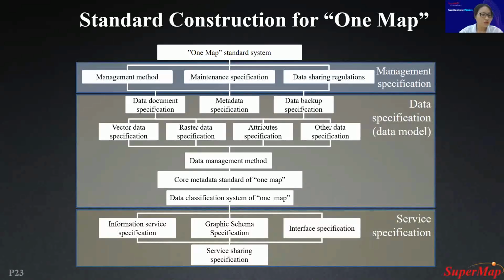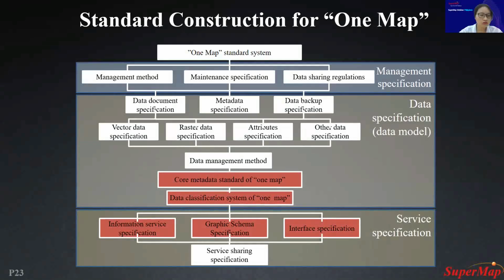Besides, the management specification can be established by creating a data document specification and a data backup specification so as to achieve one map standard system construction. And the core content is how to convert data to service.